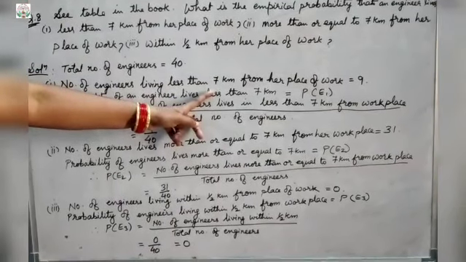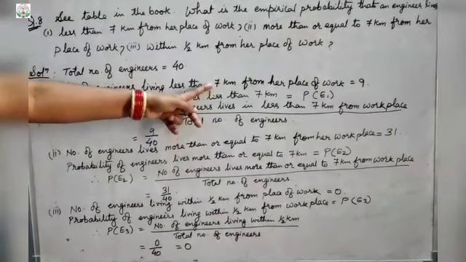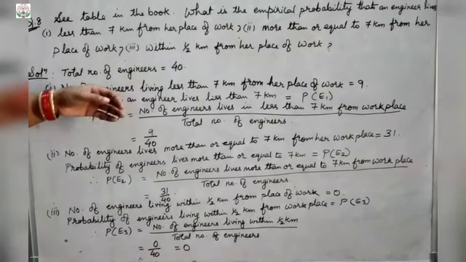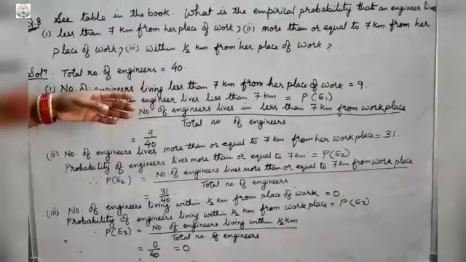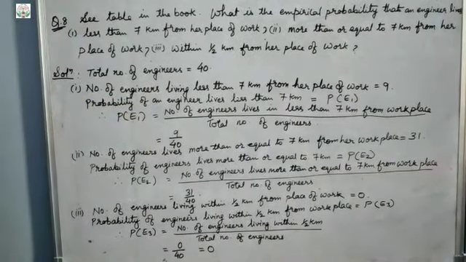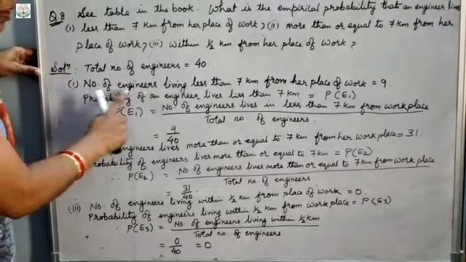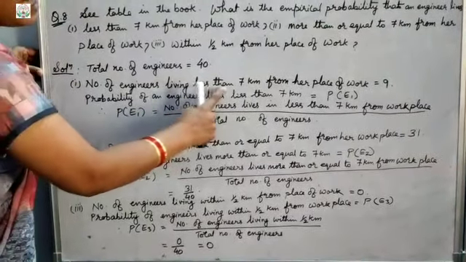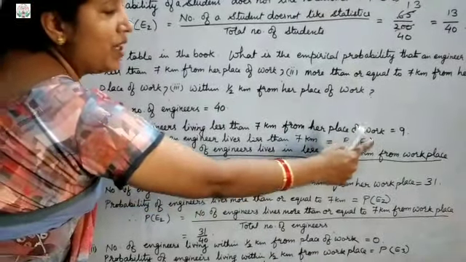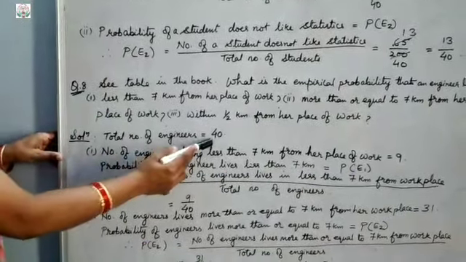Count all the numbers that are less than 7 in the book: 5 kilometer, 3, 1, 0, 2, all these numbers are less than 7. Count all those numbers. It comes as 9. So the number of engineers living less than 7 kilometers from their place of work equals 9. Total number of engineers is 40.